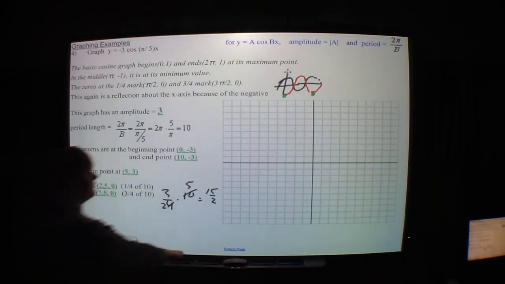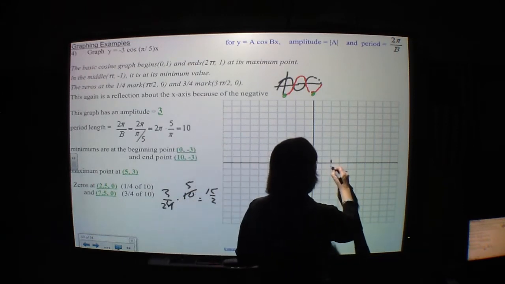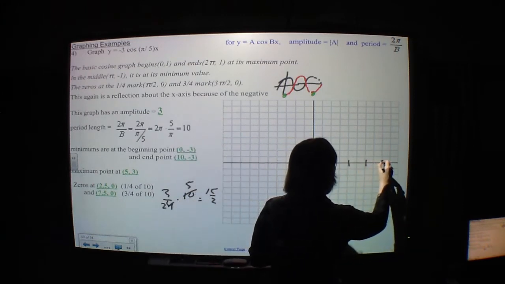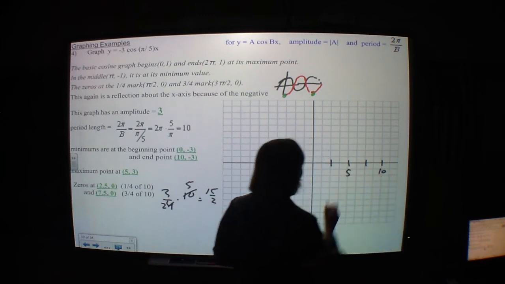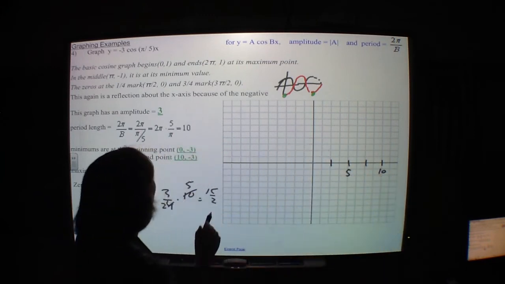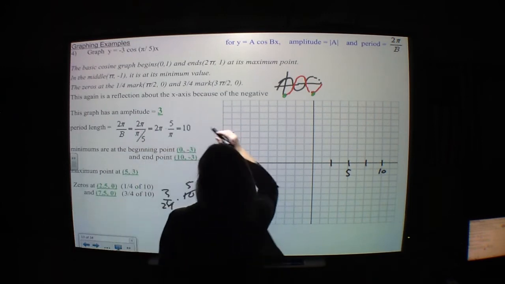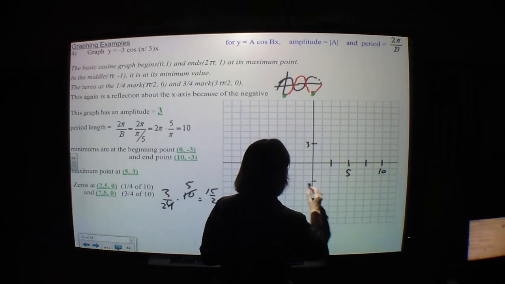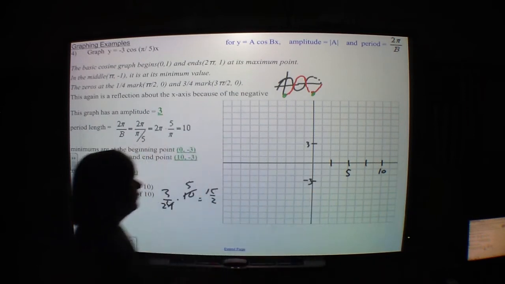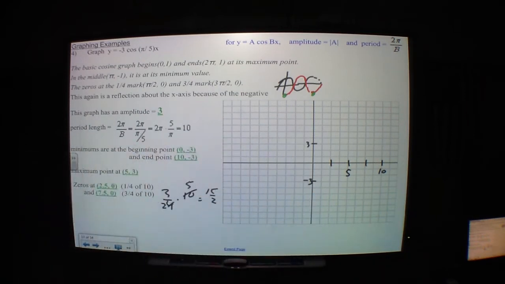Okay, so if I were going to graph it, again, I like to do 2, 4, there. This is 10. That's 5. It goes up to 3, so that's 3. That's -3. So, beginning and end were traditionally our maximums.